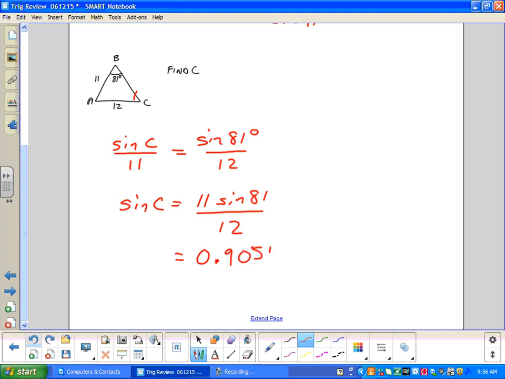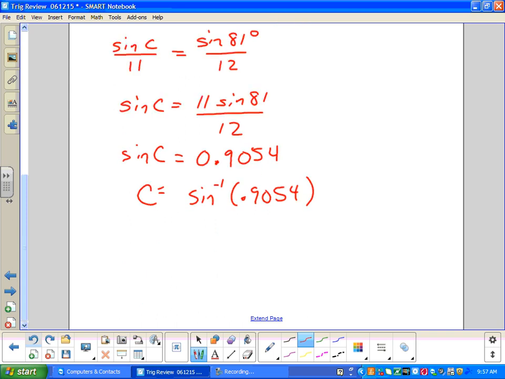When I go 4 decimal places, guys, this is not the answer. We just found sine C. We actually have to figure out C. C could be, if we keep it exact, sine negative 1 of this stuff. Again, we should be familiar with all of these, but I'm going to use my calculator.